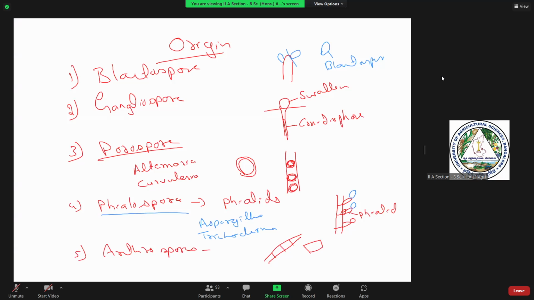So the conidia without conidiogenous cells, without conidiogenesis forming a conidium or spore, such types of spores are called arthrospores.